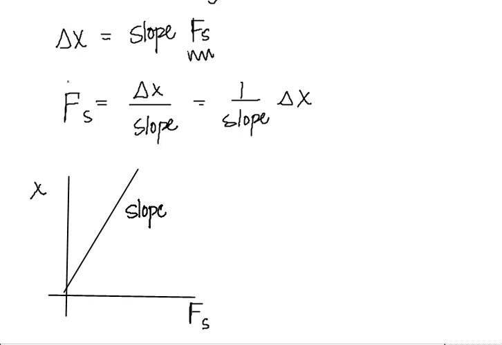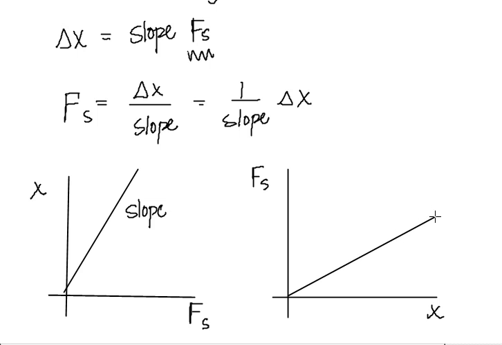Now, rearranging it for the spring force makes us have a graph of force versus displacement. Basically, we switch the vertical and horizontal variables. So put x there. So now we get a slope that would look like that. And in terms of the slope of the first graph, what's the slope of the second graph? It would be 1 over the original slope. That's right.